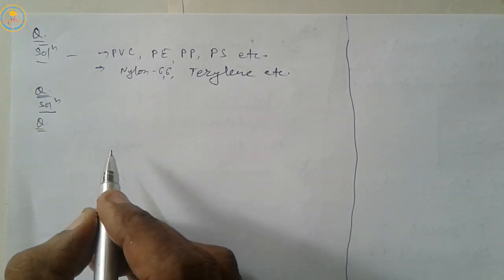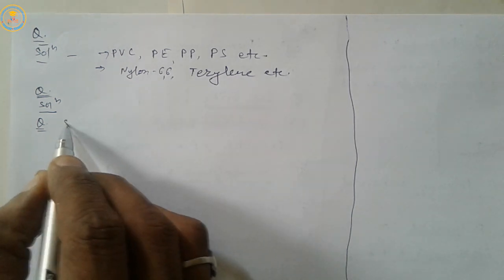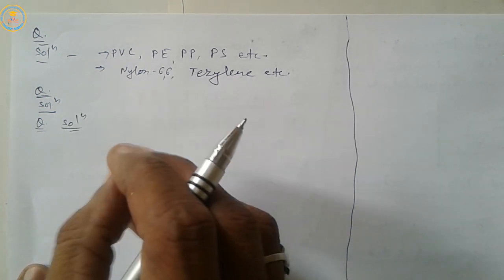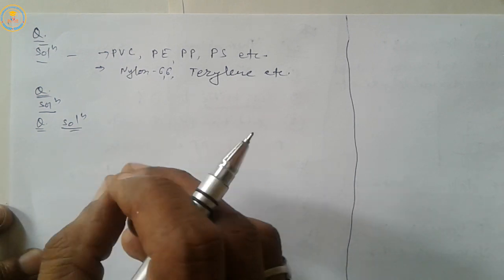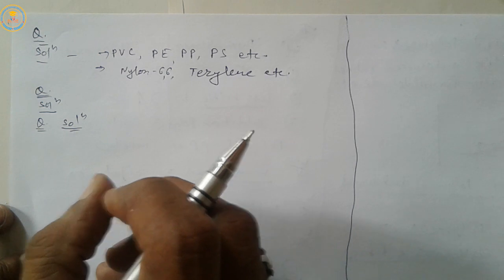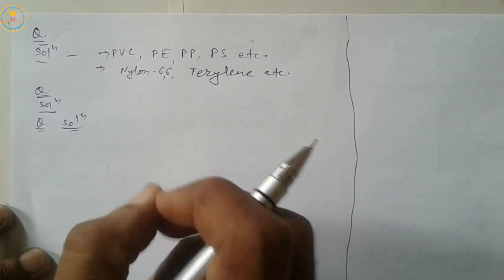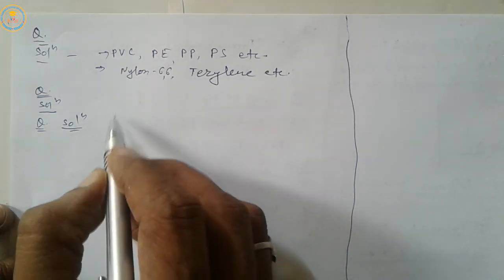Next question was: write the chemical formula of nylon 6,6. Solution: nylon 6,6 is a polymer in which hexamethylene diamine and adipic acid are the monomers, so its chemical formula is like this.